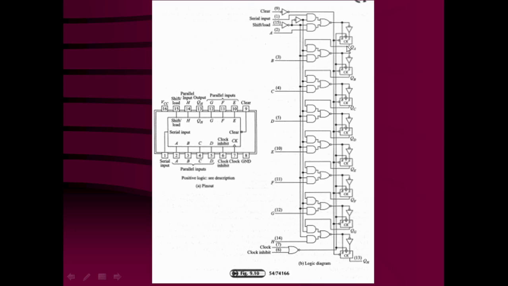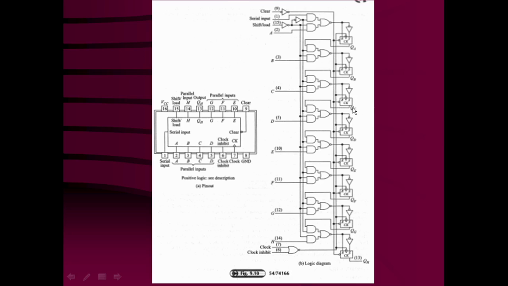The output of the first flip-flop, QA, is connected as an input to the other input of the upper AND gate. The output of QB is connected as one of the inputs of the next upper AND gate.